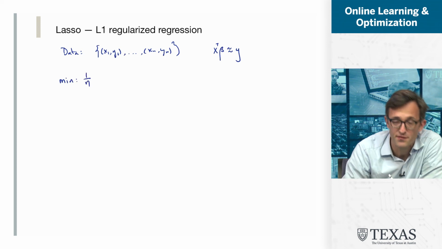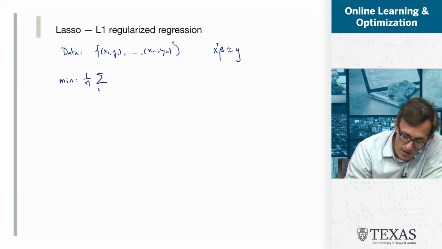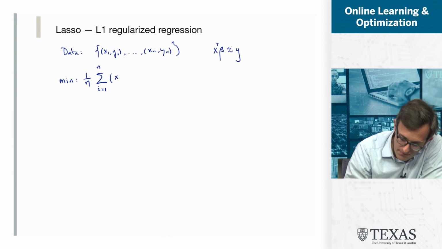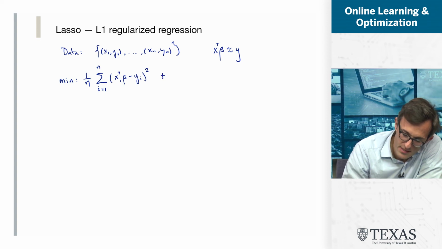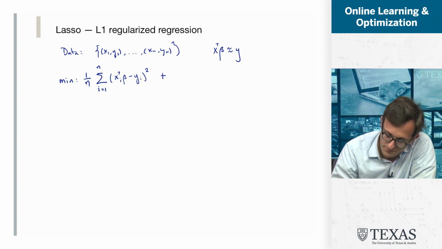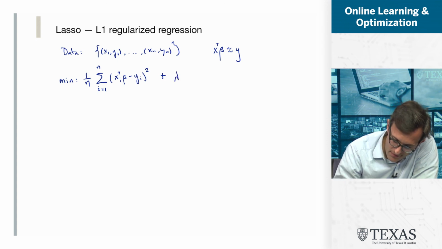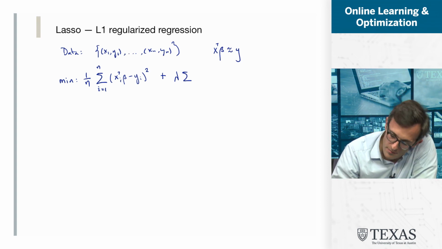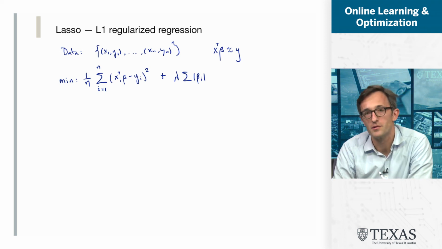And so I have a cost function that has, again, two parts. One tells me how well my beta fits my n data points. And then I have a different penalty. My penalty here will not be the sum of squares of the beta i's, but the sum of the absolute values of the beta i's.